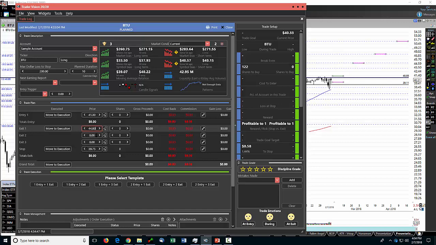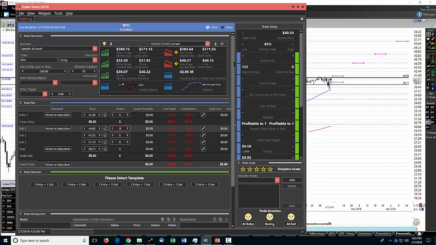Our second target is up there about 47.25. And our third target, if we were to get there, is about 51. Let's just call it in a dime.